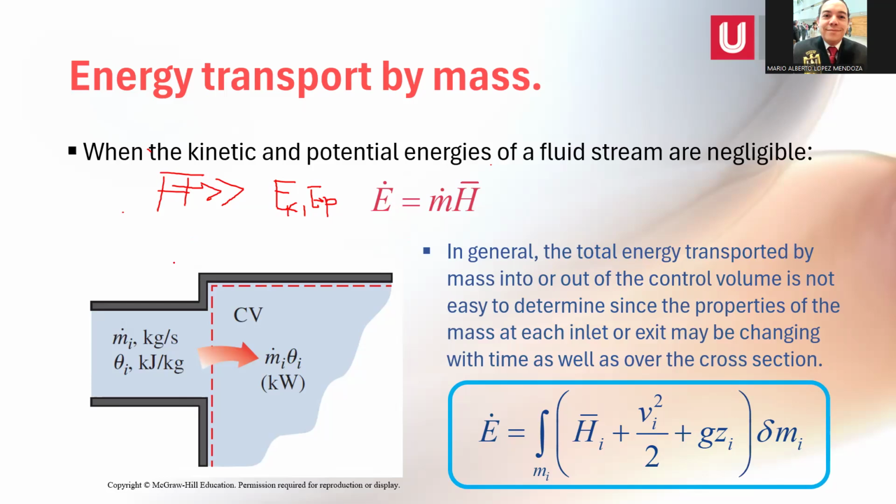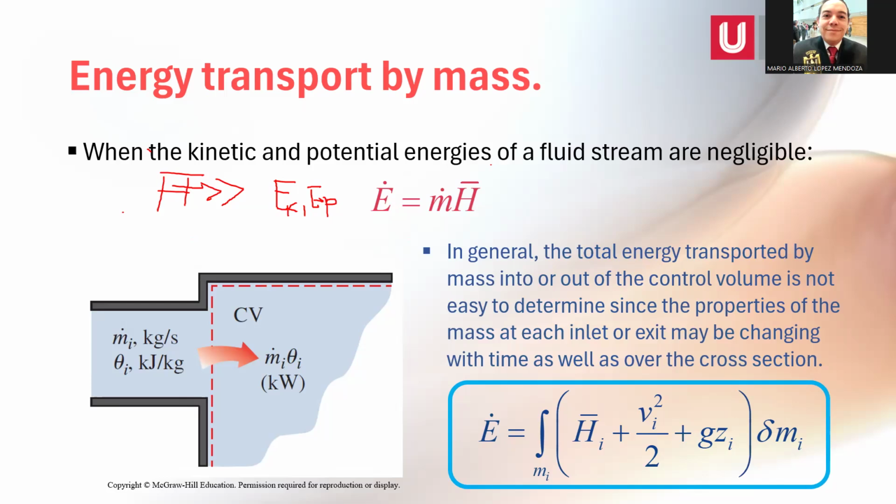In this case, the higher contribution in the previous equation will be just the enthalpy, and the contribution of the kinetic and potential energy is negligible. In this case, we can omit these terms in the equation and estimate the rate of transfer of energy just by the product of the mass flow rate and the specific enthalpy.